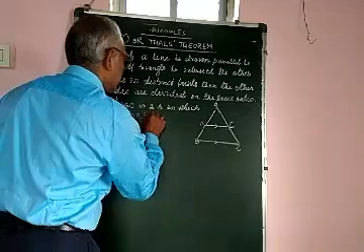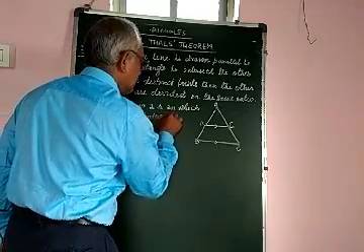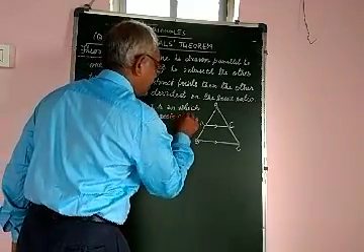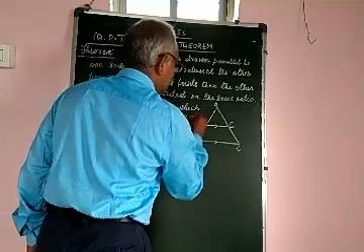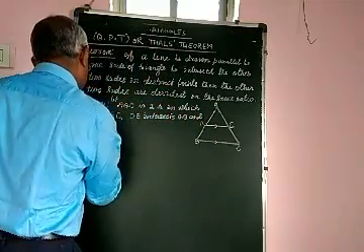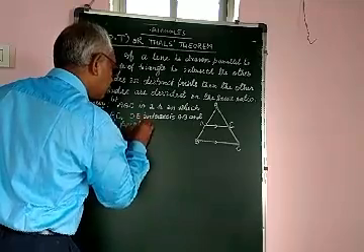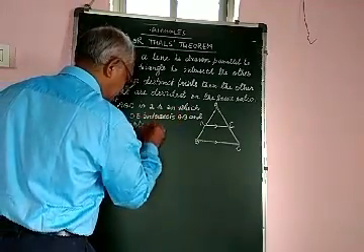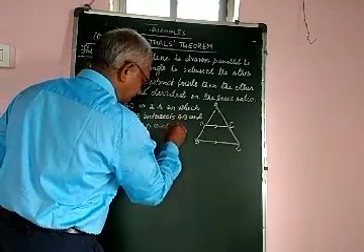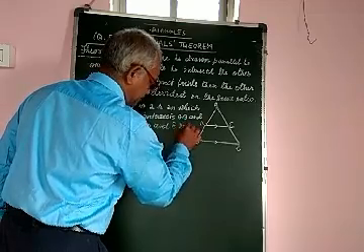DE intersects AB and AC at points D and E respectively.